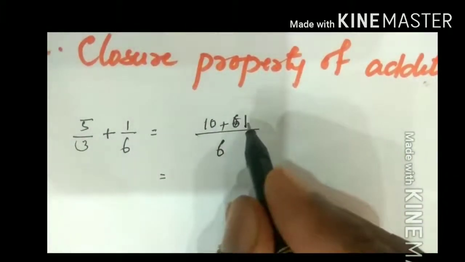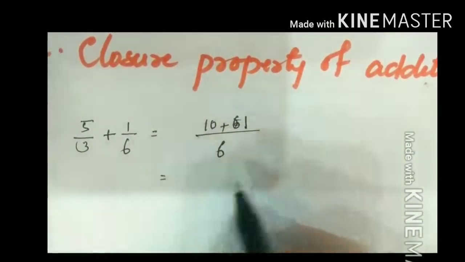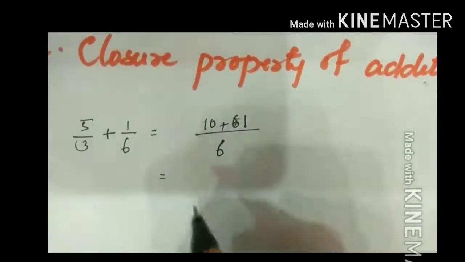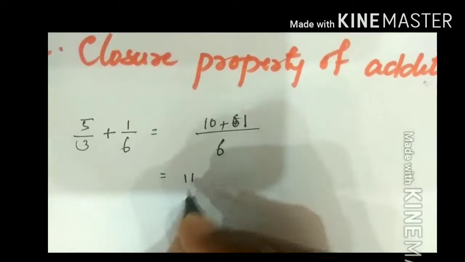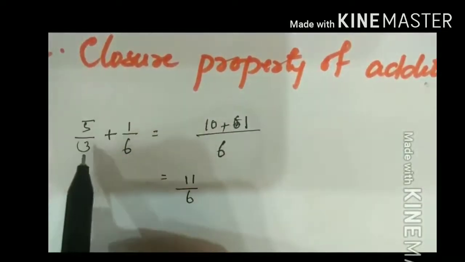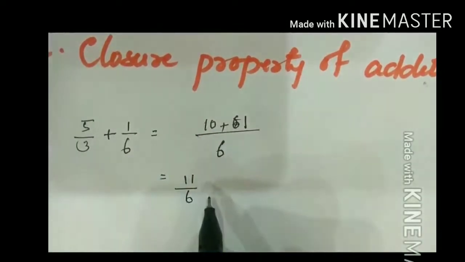Sorry, it's not 6, it's 1. You know, the denominator is 6, no? 6 ones are 6, so 1 into 1, 1. So 10 plus 1 is equal to 11 by 6. So this is the sum of 5 by 3 and 1 by 6.